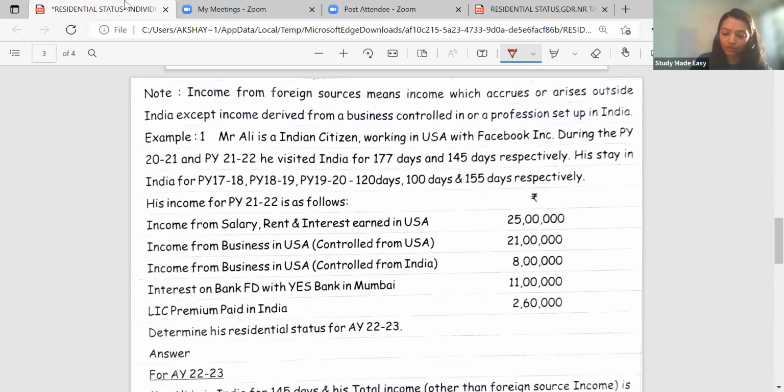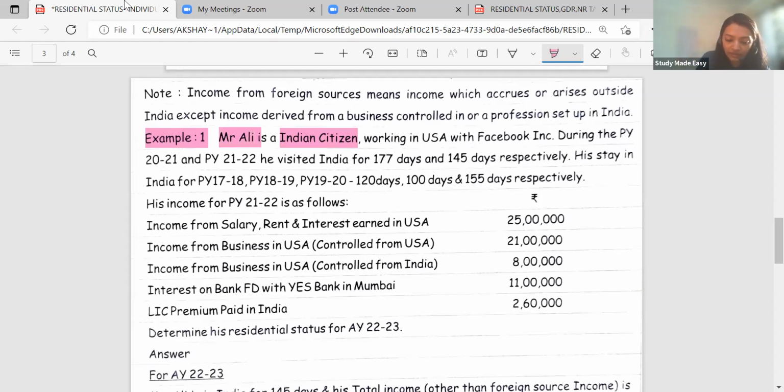So see, those who do not have this compact, look over here. The first is example 1. Mr. Ali, an Indian citizen. I always tell you one thing, focus on the kind of person. So Mr. Ali, first of all, is an individual and Indian citizen.